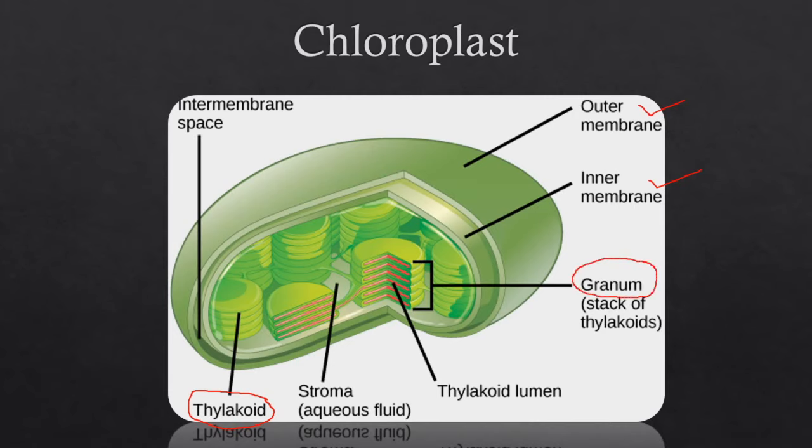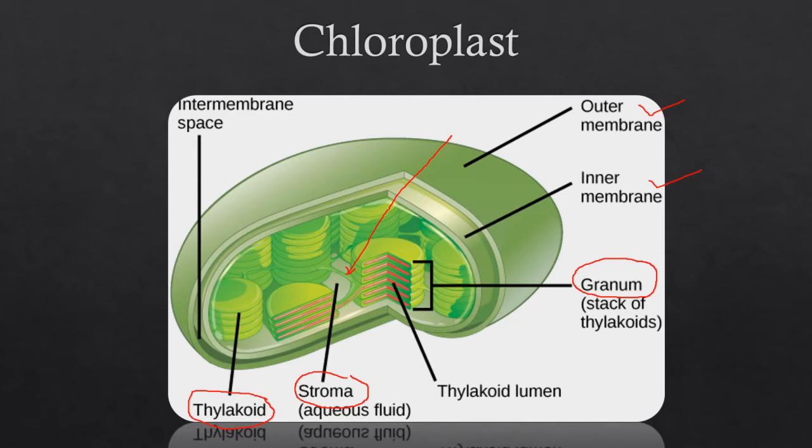Remember, the individual structure is called thylakoid and the stack is called granum. Now a number of these grana are connected by structures called the stroma lamella. The aqueous fluid inside is called the stroma.